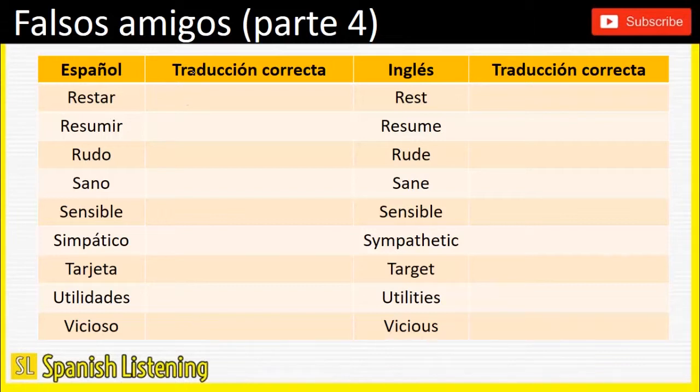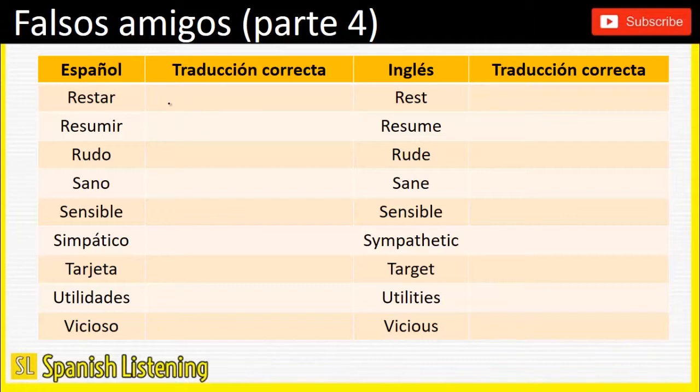So to clarify this with an example, let's do the first pair, which is restar, which is not the same as rest. What we have to do in this exercise is write the correct translation in English and in Spanish for these words. If you look for the word restar in the dictionary, you will be surprised to know that it is not rest.